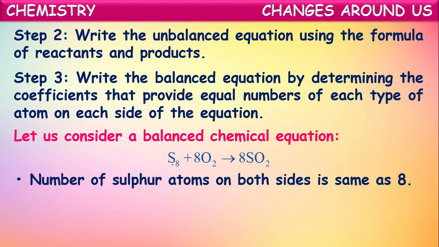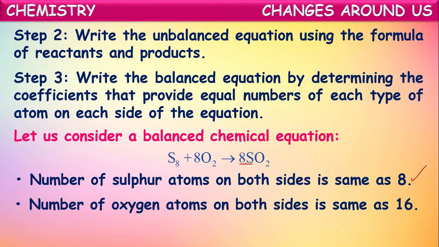See here, at the base it is represented 8, which means there are 8 atoms in one molecule of sulfur. On the right hand side, this SO2 represents a sulfur dioxide molecule. In each molecule there is one sulfur atom and there is a coefficient 8 in front. This represents 8 sulfur dioxide molecules. From each molecule there is one sulfur atom, totally 8 molecules. So 8 sulfur atoms it is indicating here. So sulfur atoms are balanced.